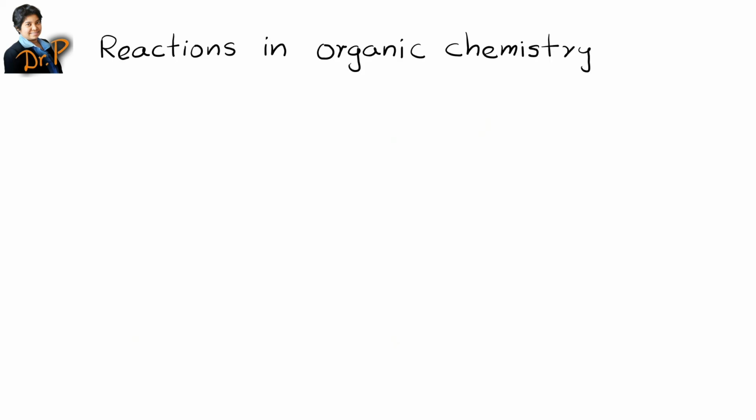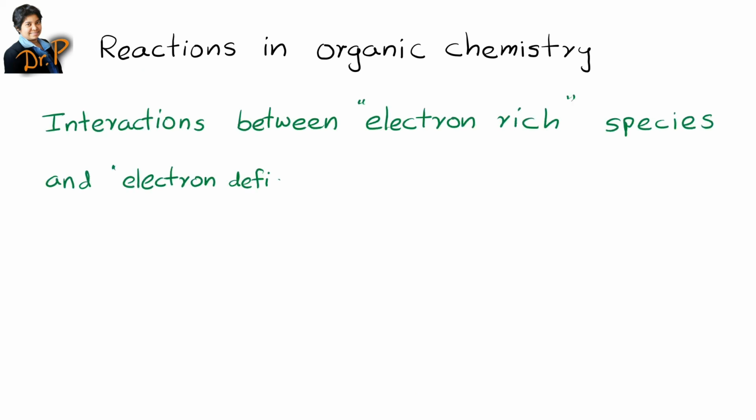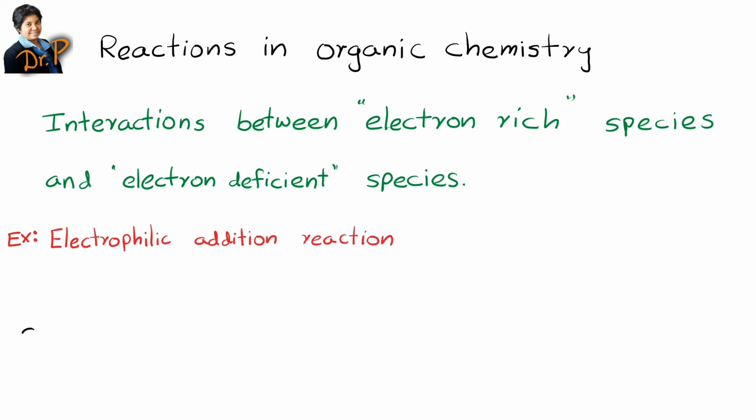Earlier I mentioned that reactions in organic chemistry can be explained as interactions between electron-rich species and electron-deficient species. Now I'm going to take a simple example, a reaction mechanism that you're going to find in organic chemistry, electrophilic addition reaction, to highlight this interaction.